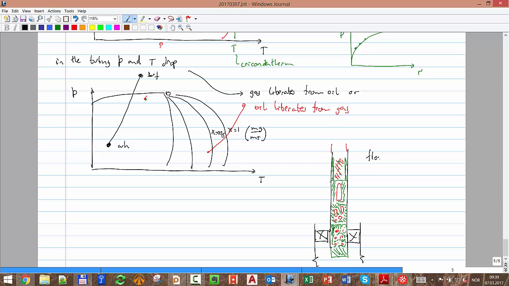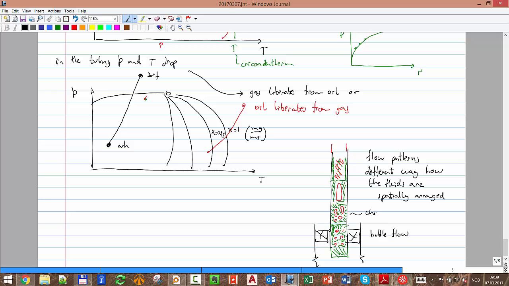These are what we call flow patterns. Different ways how the fluids are spatially arranged, and we give them names. In that case, this one here is called bubble flow.